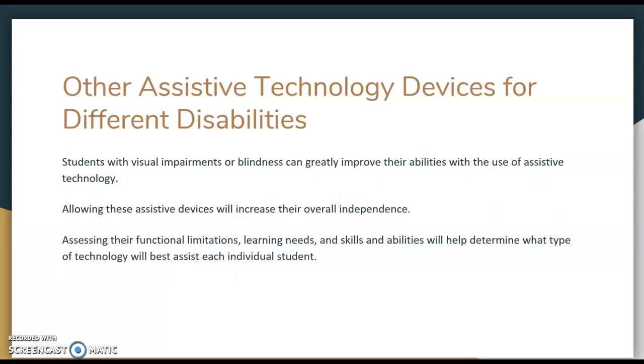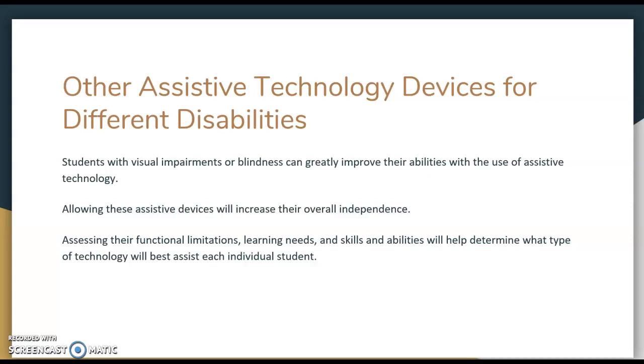Other assistive technology devices for different disabilities. I found a whole article talking about visual impairments or blindness. Students with visual impairments or blindness can really improve their abilities with assistive technology. Allowing these devices will increase their overall independence and also increase their success in education.